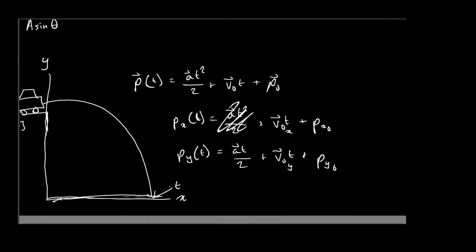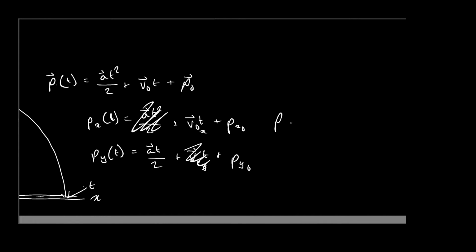And in our y situation, we have no v naught y, so we can actually scratch this out as well, which gives us, in the end, p x of t is equal to v naught x t plus p naught x, and trust me, this will get even easier in just a sec. Just a hot sec, as people say nowadays.